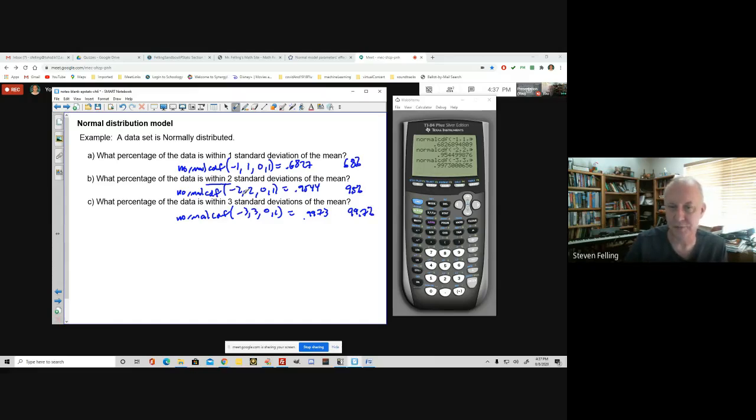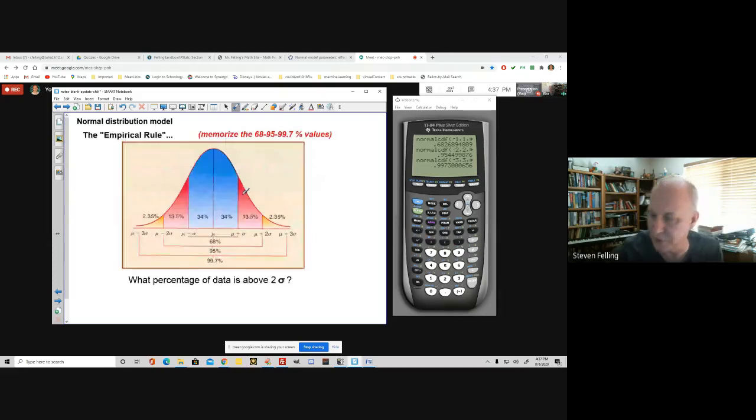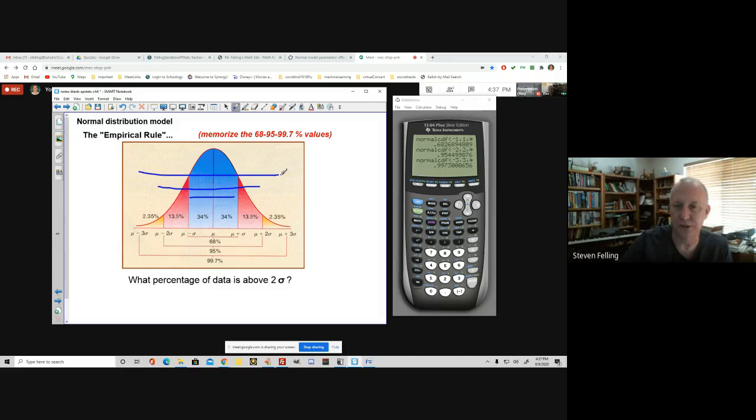That particular set of facts is sometimes called the empirical rule, right? And it's a good idea to memorize this: 68% of the data is within 1 standard deviation, 95% is within 2 standard deviations, and 99.7% is within 3. And everything's symmetrical. For example, for this middle 68%, 34% of it is over here and 34% is over here.